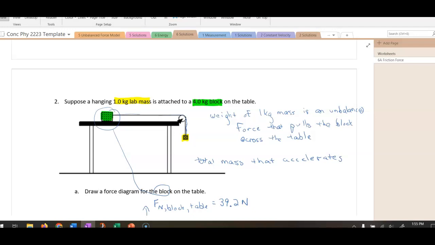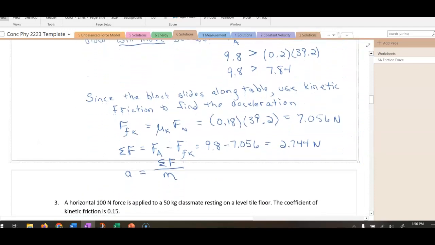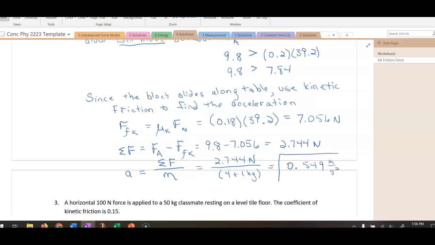They're tied together, and so if the green block is sliding across the table, the yellow block is falling toward the 4, and so the total mass would be 4 kilograms plus 1 kilogram. Okay, so when I calculate the acceleration, I have to use the total mass. So it would be 2.744 newtons over the sum of the 4 plus the 1 kilogram. And so we get an acceleration of 0.549 meters per second squared.